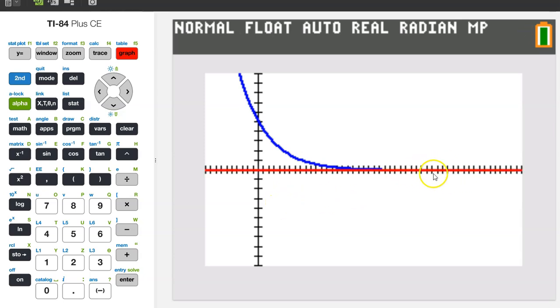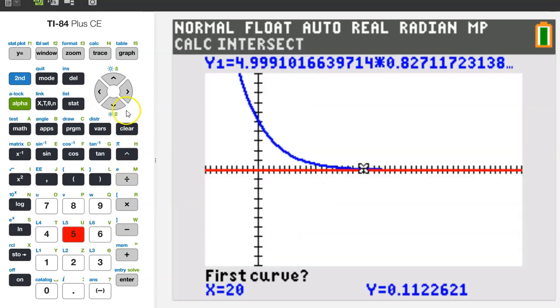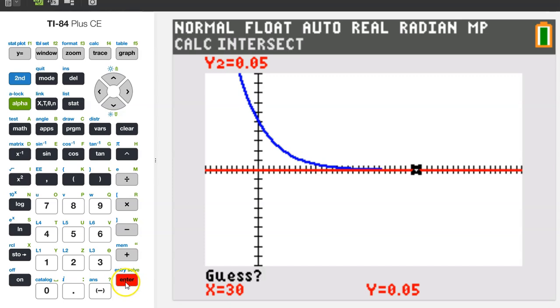Alright, hopefully we are seeing the intersection point in here somewhere. So let's hit second, trace 5 for intersect, and then let's move the pointer close to where we imagine the point of intersection to be and hit enter 3 times. Enter, enter, enter. And there it is, 24.2612.